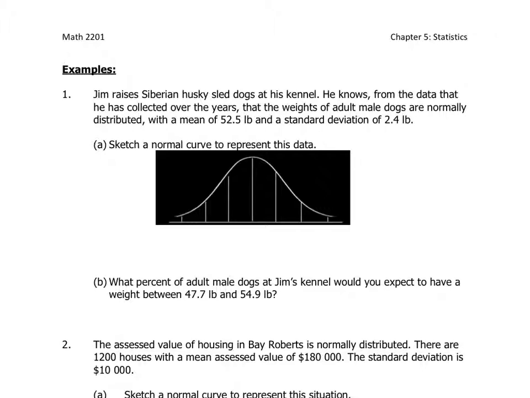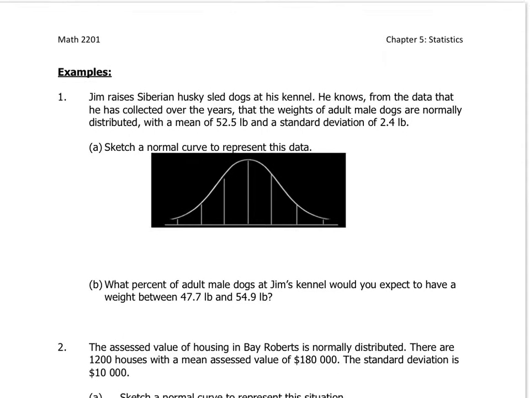So to sketch a normal curve to represent this data, you would put the mean at the middle here. And then you would use your standard deviation of 2.4 to label each of the other lines on the normal curve. So 52.5 plus 2.4 would be 54.9, the label for the first standard deviation to the right. Then if you add another 2.4 to that, you get 57.3.